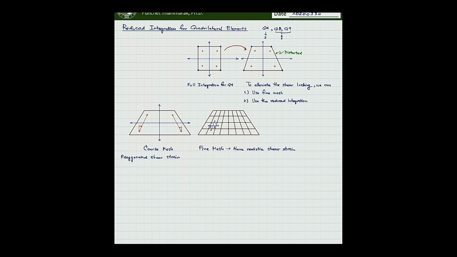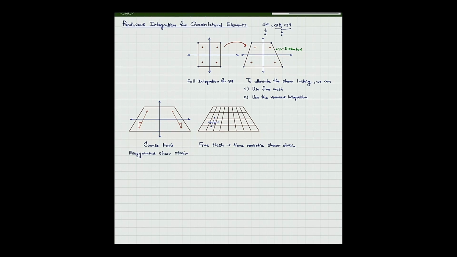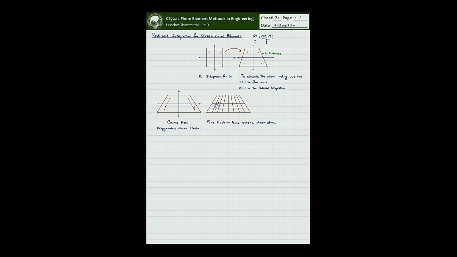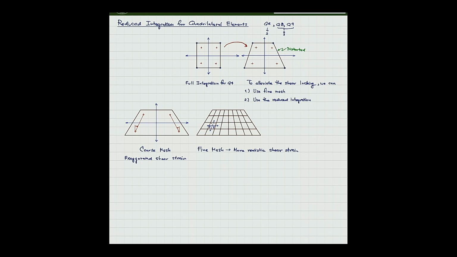So the first countermeasure is to use the good discretization. Of course, good discretization of fine mesh always improves the finite element solution, because your numerical model will be closer and closer to the real physics.